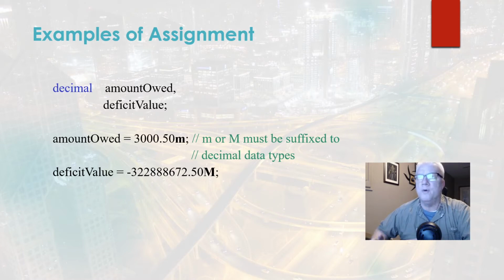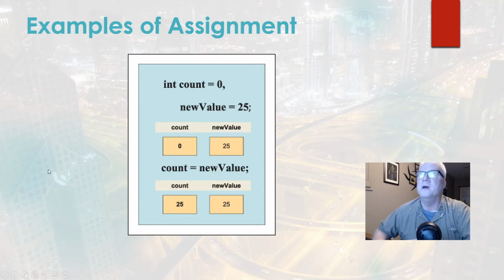And so, of course, only 2 decimal places there. Any other decimal places would just be knocked off the end. And so you can see deficit value below there. It's a negative number, but still it has the M at the end, and so it denotes it as money. Okay? Something good to remember because we're always dealing with money.